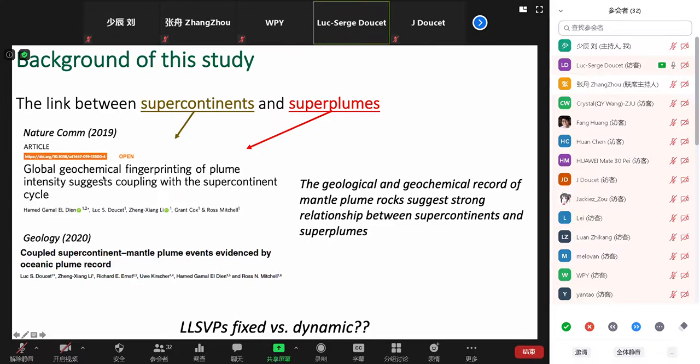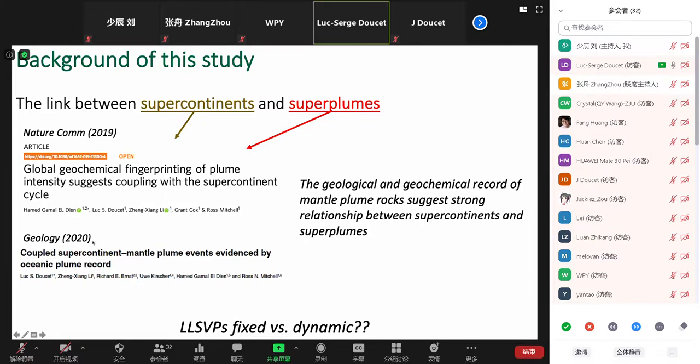I will explain in more detail what he did, but basically he took all the data from basalts in the geological record and analyzed their compositions, and we have a bootstrapping of this data to have a complete record of the mantle plume through time, and we see that plume intensity is higher during supercontinent assembly.